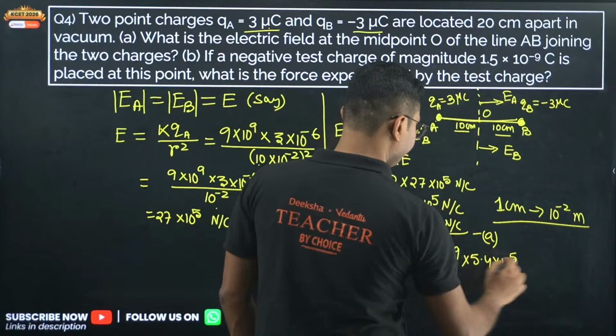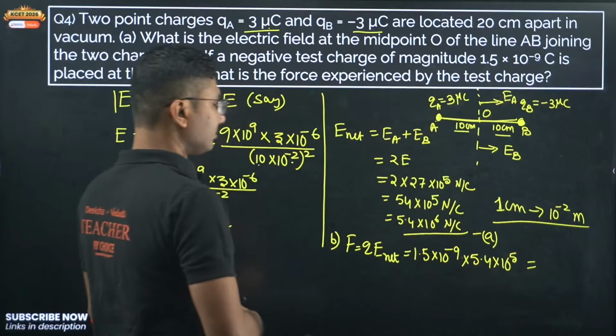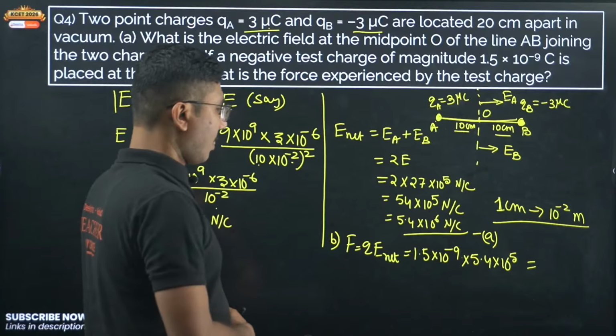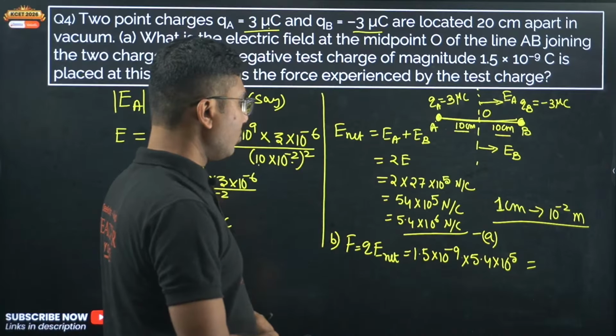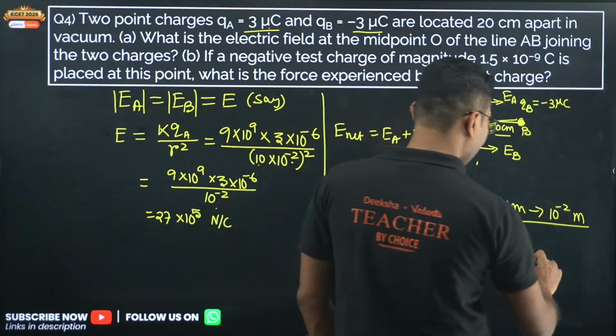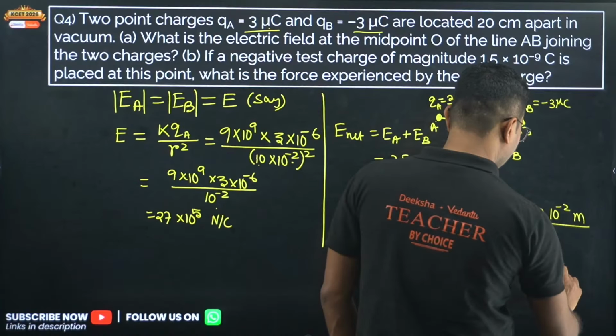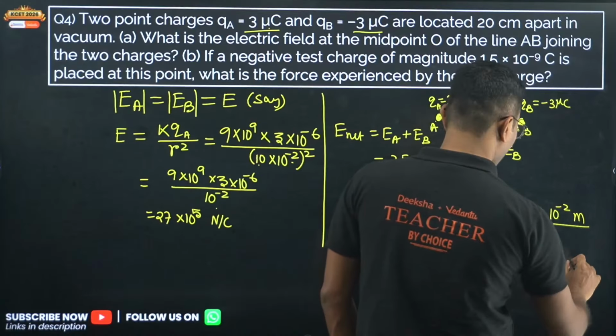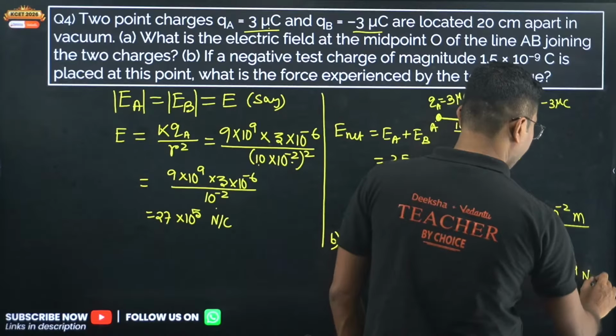So it will be 7.9, approximately 8 into 10 to the power of minus 4 Newton.